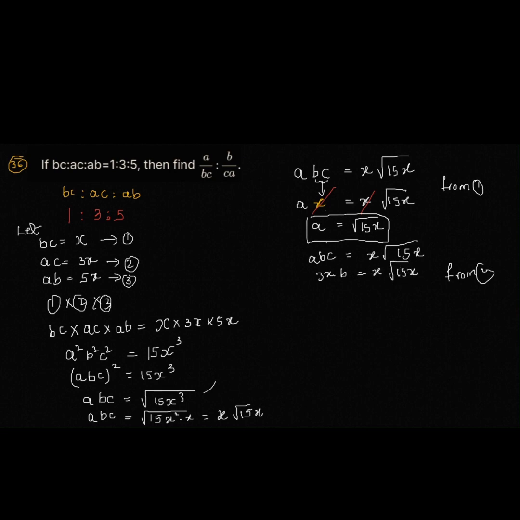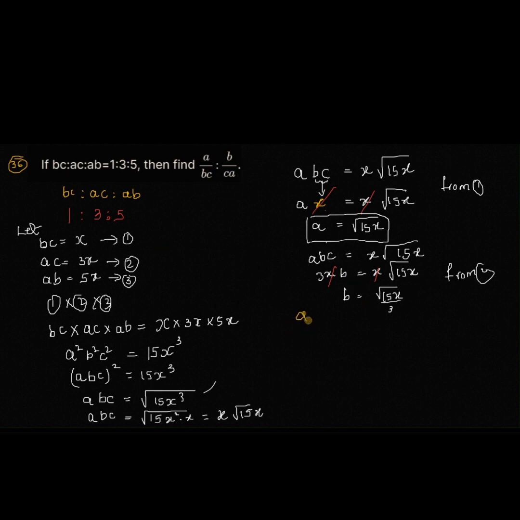We can just cancel this factor x, and as a result we get B equals 15 root x over 3. Well, now we know A value, B value, and BC and CA already in x. So now we have changed all of this in terms of x, so we can simplify that further.